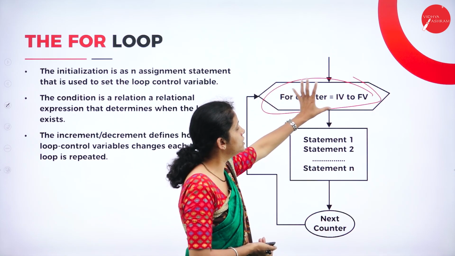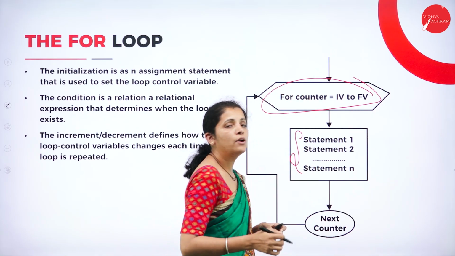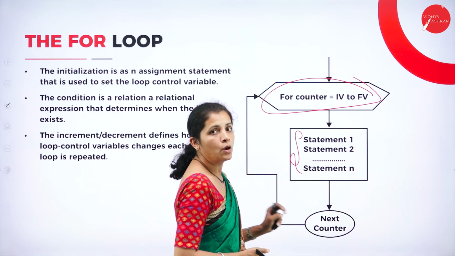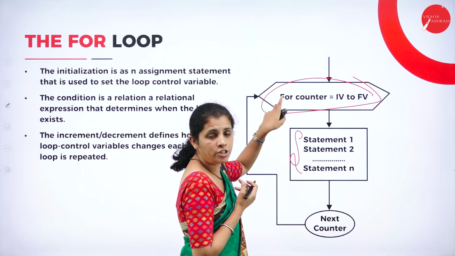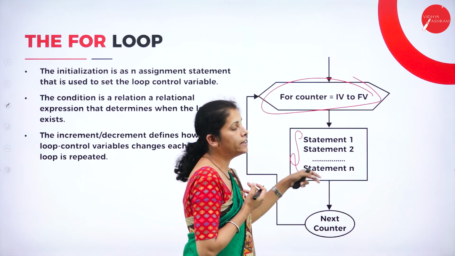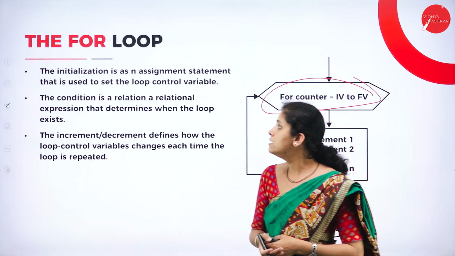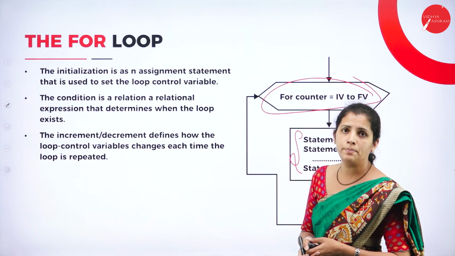And when this condition is true, I'm going to execute number of statements and I'm going to increment the counter. Once again, I'm going to check the counter, and if the condition is satisfied, then enter into the for loop block. So here the initialization is an assignment statement.